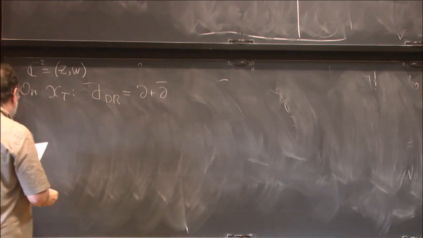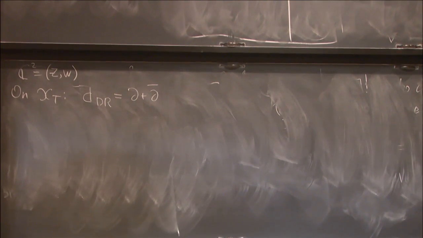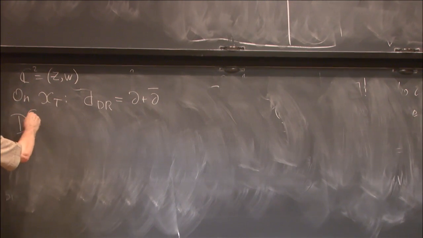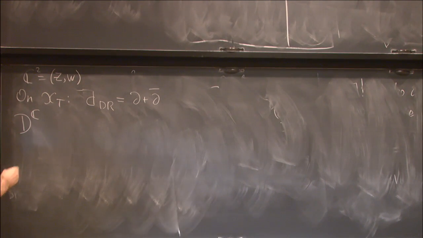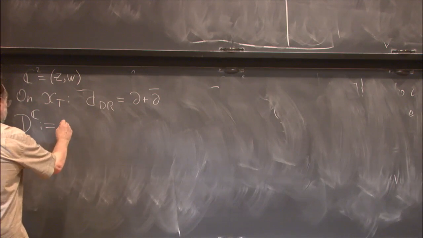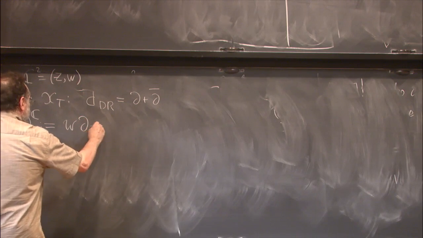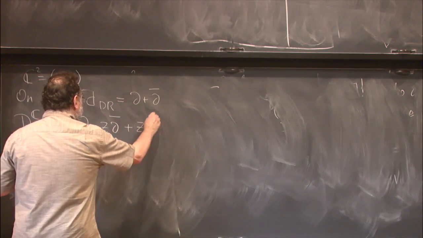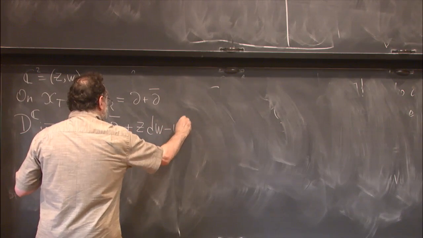So this is notation for what is d and what is d bar. It's on xt. And most importantly, a differential operator which magically makes things work nicely and simply. It's the following one: omega d minus z d bar plus z dw minus w dz.